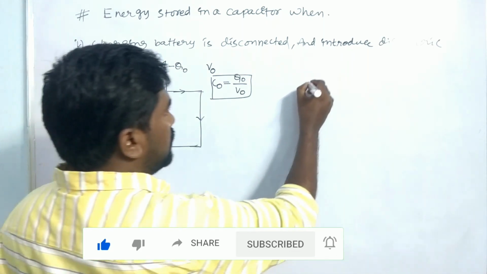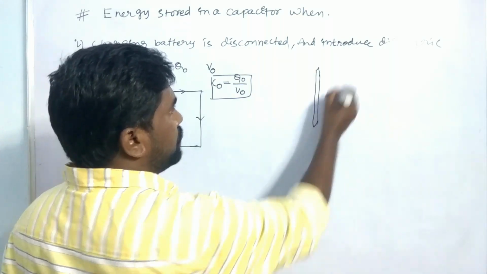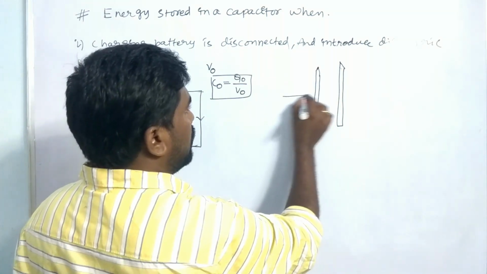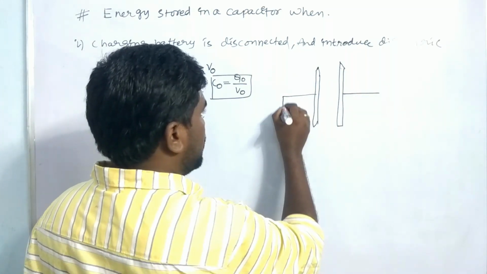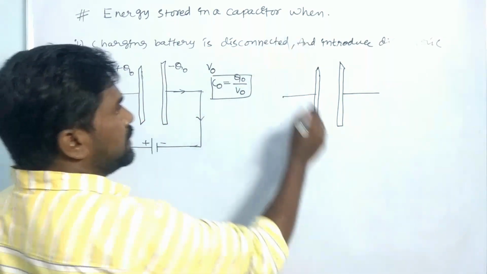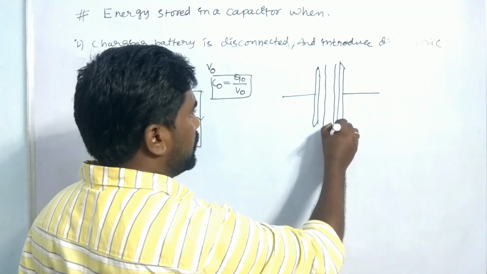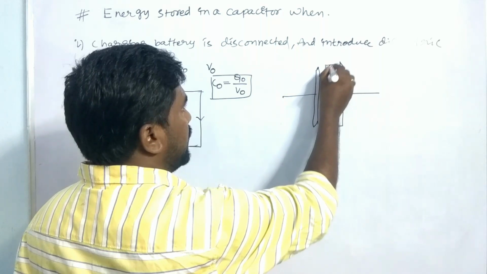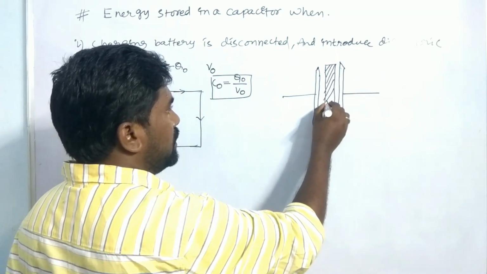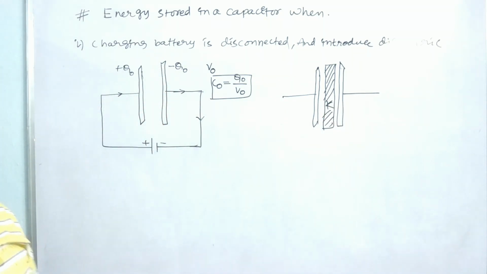Here there are two parallel plates of the capacitor, and here there is a battery which is disconnected. We keep a dielectric between the two plates of the capacitor. This is the dielectric with constant K. K is the dielectric constant.